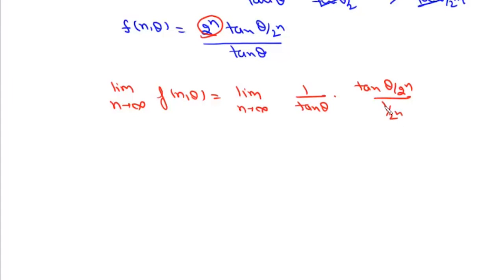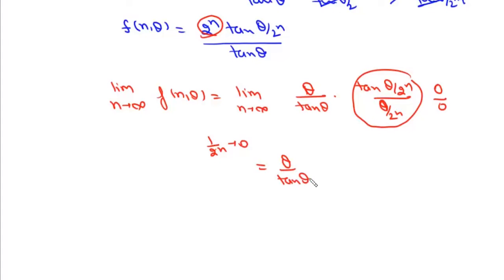So it'll be 1 upon 2 to the power n. We'll multiply and divide everything with theta. Now when n tends to infinity, 1 upon 2 to the power n tends to 0. So this is 0 upon 0 form. So tan 0 upon 0 is 1. So the answer to this limit is simply theta upon tan theta.